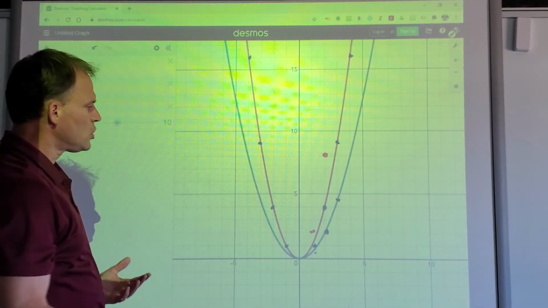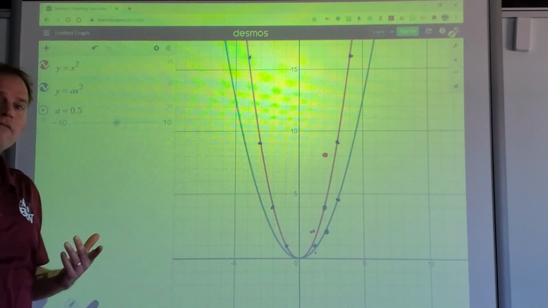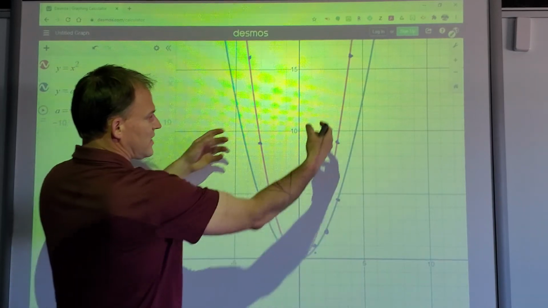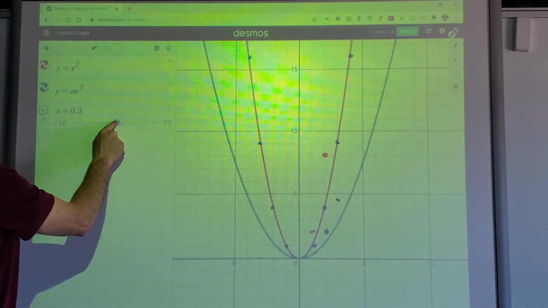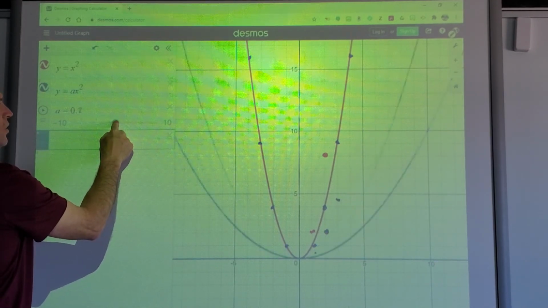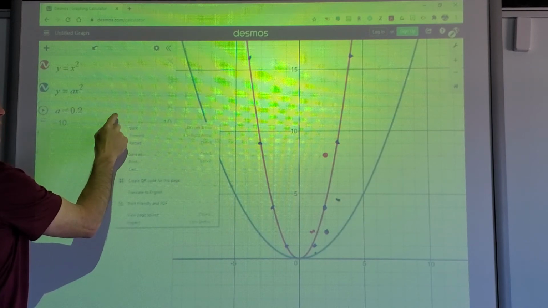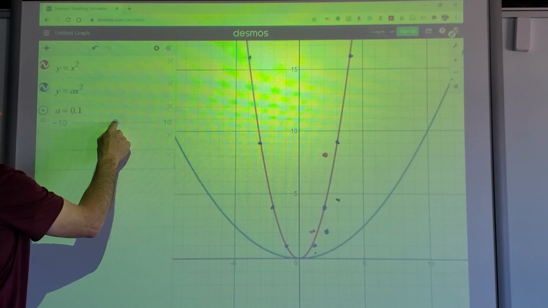So putting a 1/2 in front of your x squared has the effect of kind of broadening it. It's a little hard to play with, but you can see it's outside the normal right there. So take it to 0.